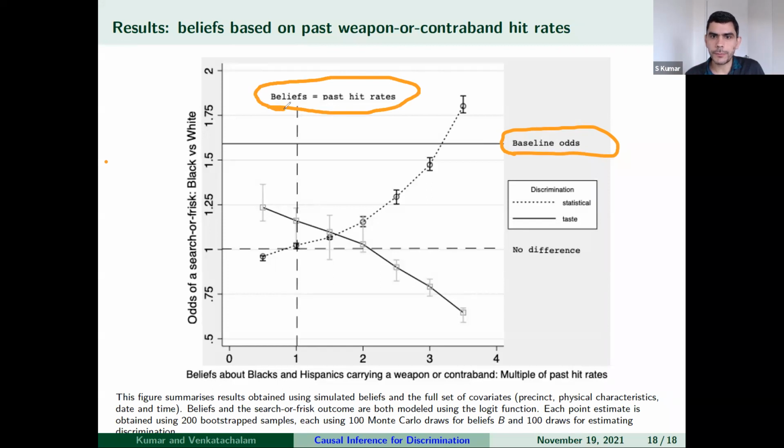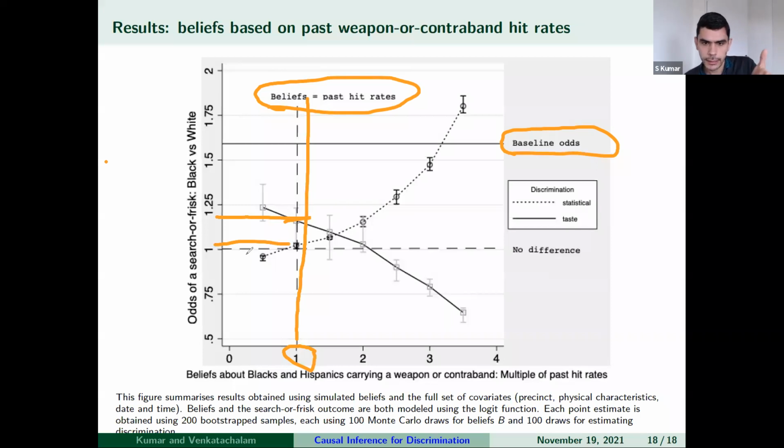Beliefs equal to past hit rates: that means that if I don't change the empirical average of hit rates for blacks and whites, if I simulate from what was already observed in 2017 and 18, in other words, this number M on the previous slide equals 1, then I get beliefs which coincide with past hit rates for everybody, white, black, and Hispanic, at which point you can see that my estimates of discrimination are very similar to what I already saw using the full data, 2017, 18, 19.